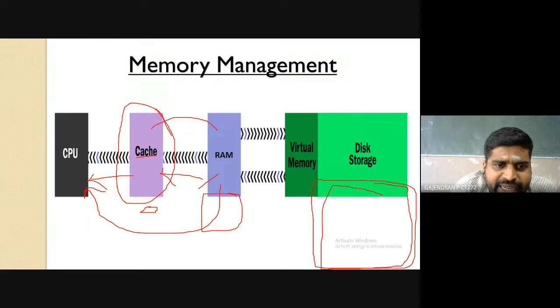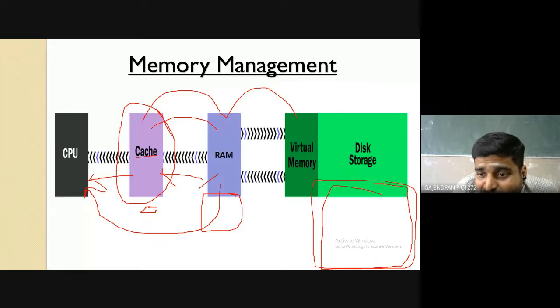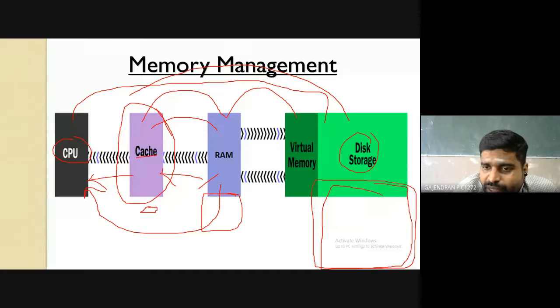Why do I need these kinds of intermediate components between my disk storage and CPU? Any idea? The disk storage cannot supply data at the speed the CPU asks for. Understood? So what should we do? The information here must be brought and kept here. If you don't have a cache, you can connect RAM directly to the CPU.